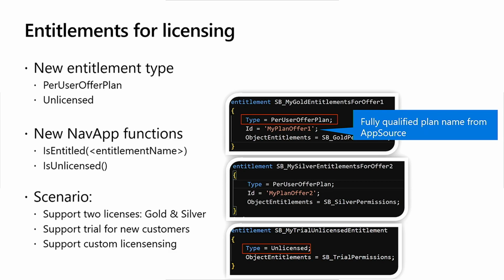So far, so good. One key thing to mention here. The way you're entitled to the objects in your applications today is implicit. This means that when you upload an app to Business Central, you have access to all the objects. So you are licensed to use all the objects in your application. Then you add permissions on top of that to control that.